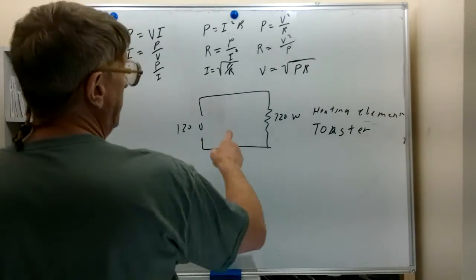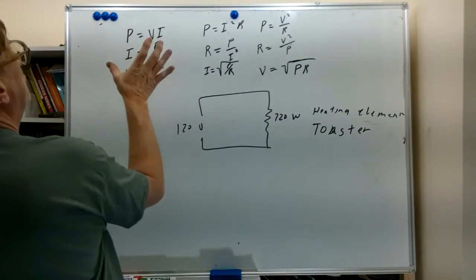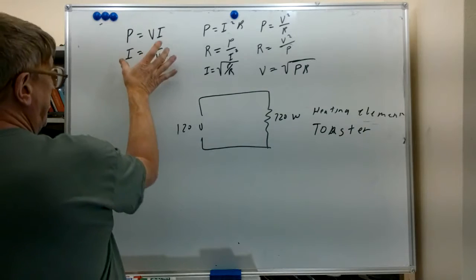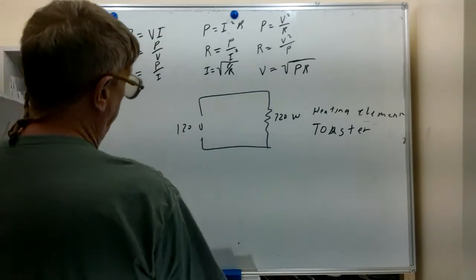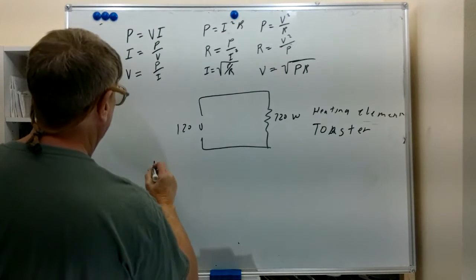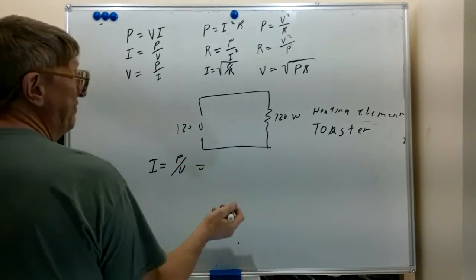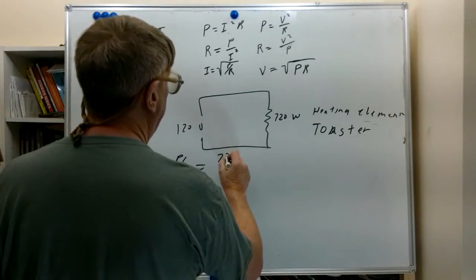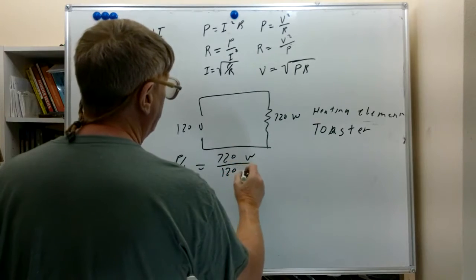So we have voltage and power, so I think we're going to choose this particular formula. Current equals power divided by voltage. Let's write that down here. Power divided by voltage, and we have a power of 720 watts and a voltage of 120 volts.